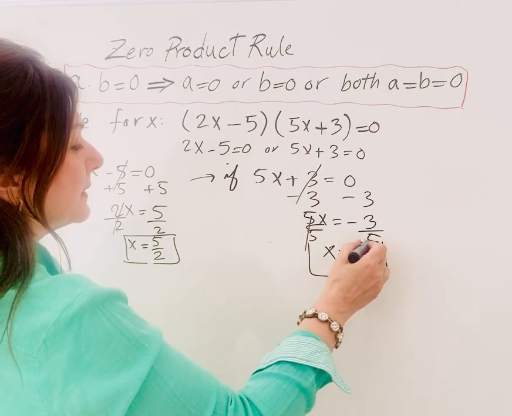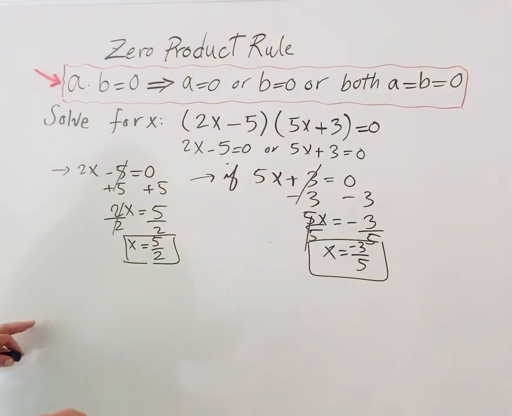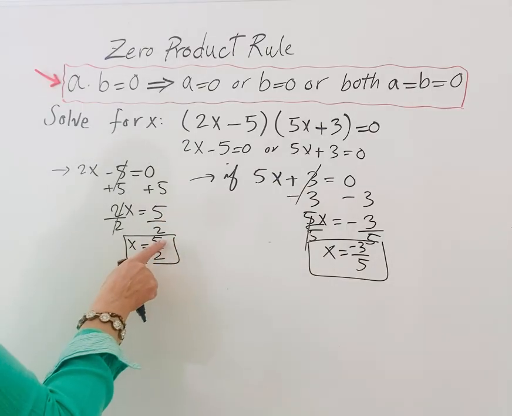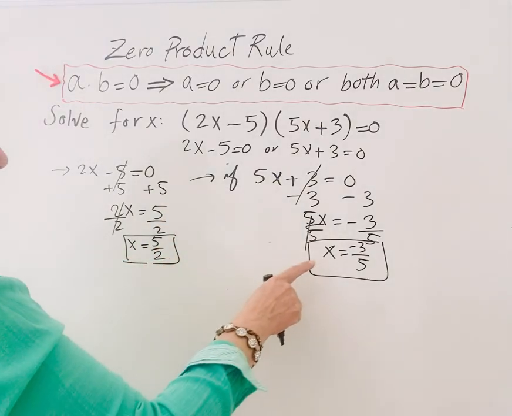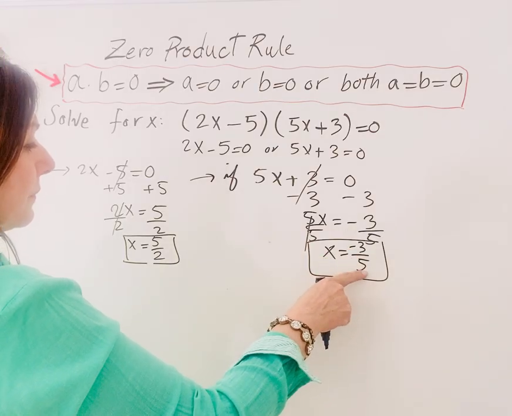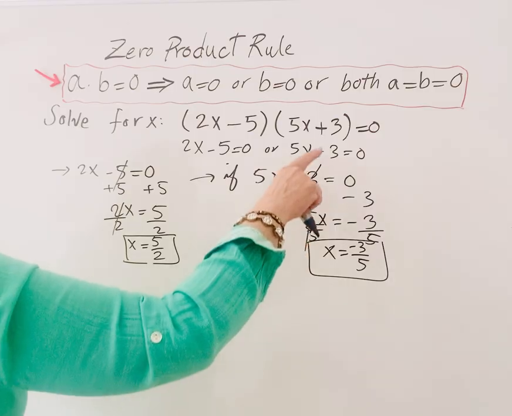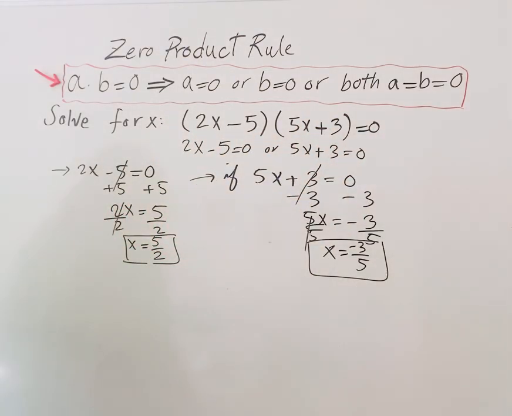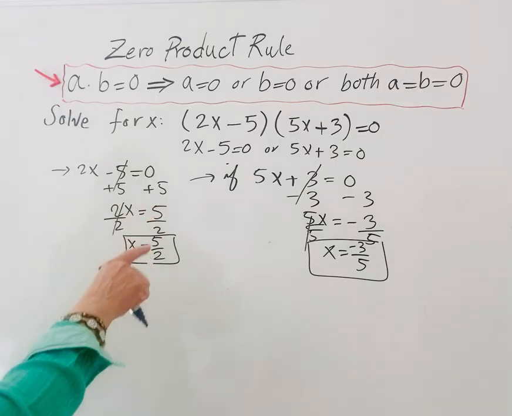Another possibility. So the answer is: when x gets 5 over 2, or when x gets negative 3 over 5, or both, this expression gets 0. Okay? This is the first example.